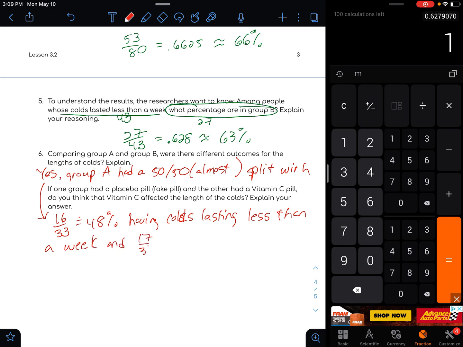And the 17 out of 33, or 52%, having colds lasting more than a week.